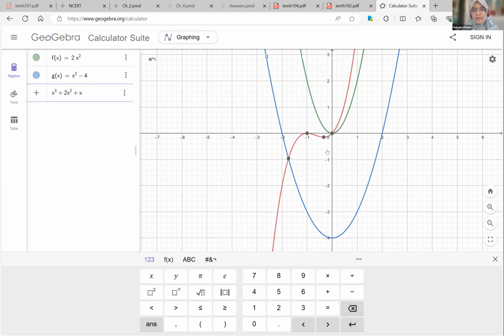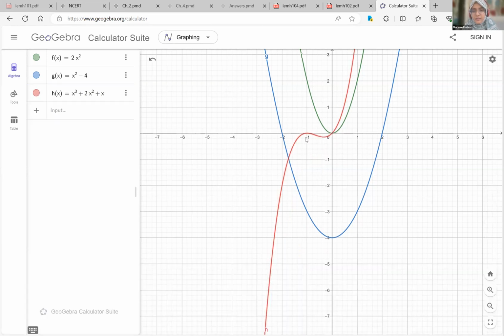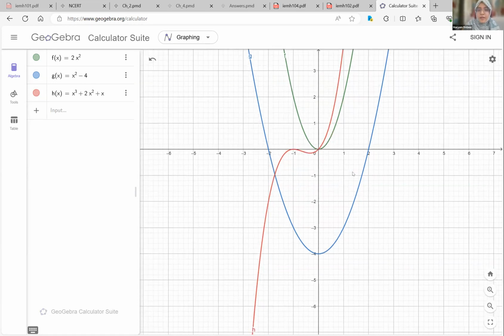Can you see the red line? Can you see how it's wavy? Yes. Yeah, that is a cubic equation. And over here, you can see it has a lot of zeros, right? What all are zeros for this red graph?